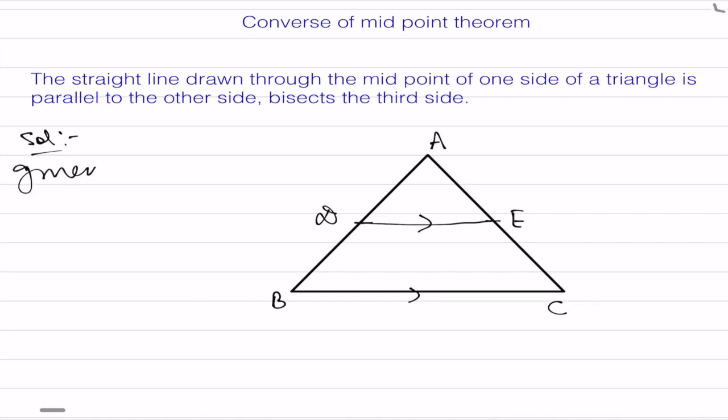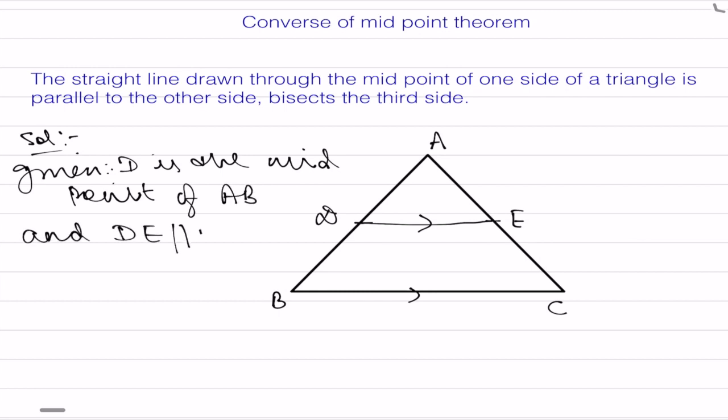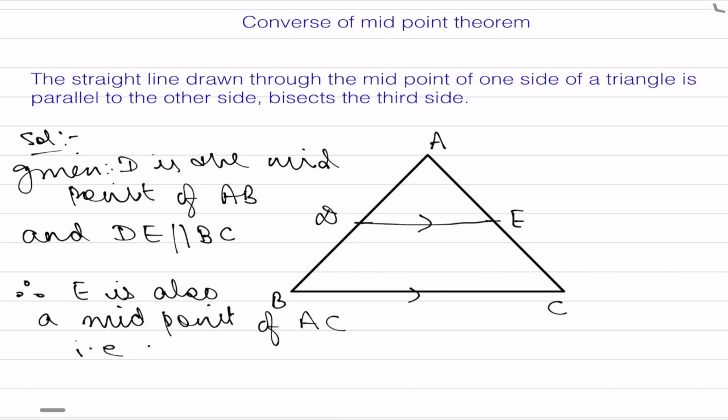That is AE is equal to EC. Whenever you use this result, either you write down the statement of the theorem or just write converse of midpoint theorem. Children, again the proof of this theorem you will not do, you will just remember the result.